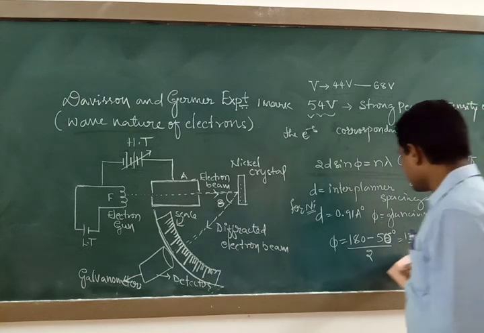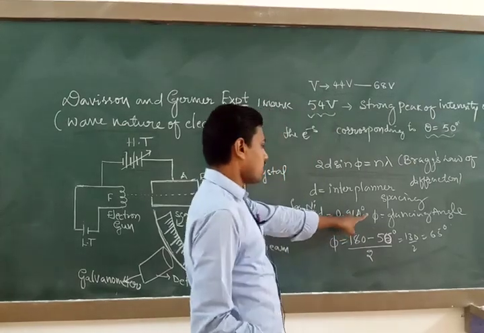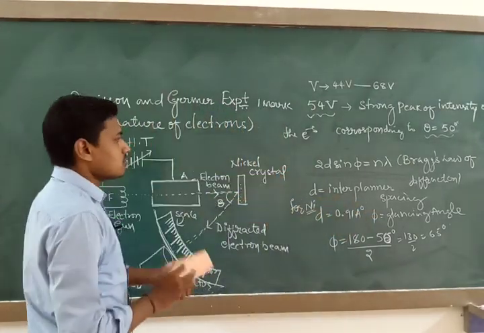Suppose I take all these values, phi 65 and interplanar spacing 0.91 angstrom, and substitute in this Bragg's law equation.